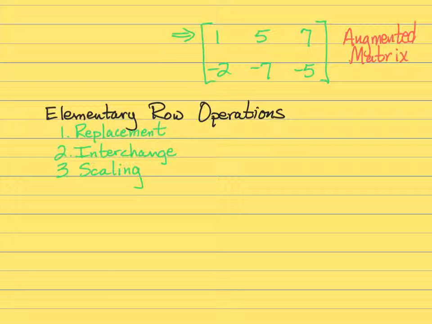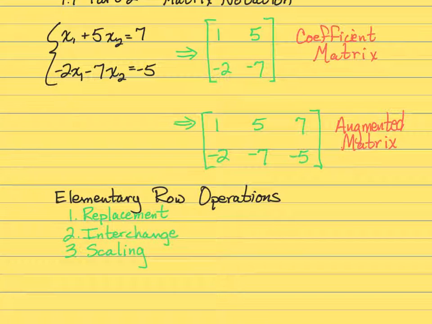Now, when we do any of these three changes, we get a different matrix that has different entries, but it's an equivalent matrix in that if we convert it back to systems, that system will have the same solutions as the original system. So just think of the process here. We've taken our system, right?